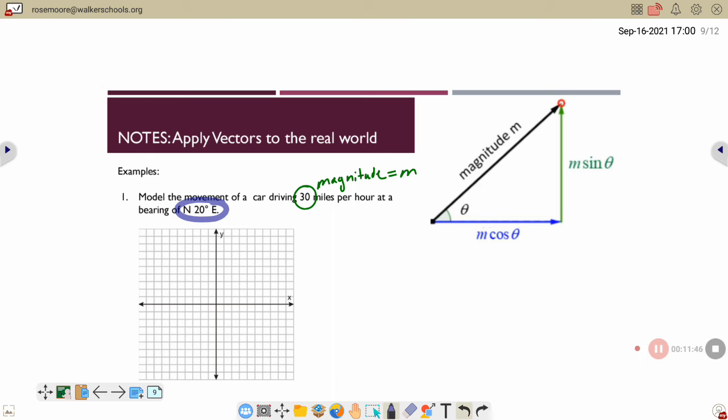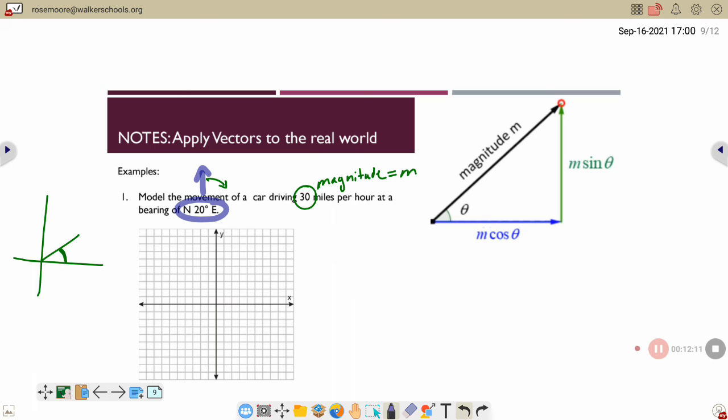North 20 degrees east, okay? What that means, when we have real world problems, is it's referring, compared to north, how far east we're going, which is that way. However, in math, when we want to do angles, angles are always formed here, which is the opposite of what it gave us.